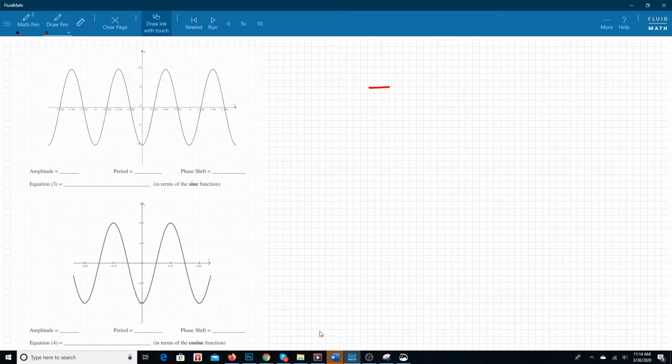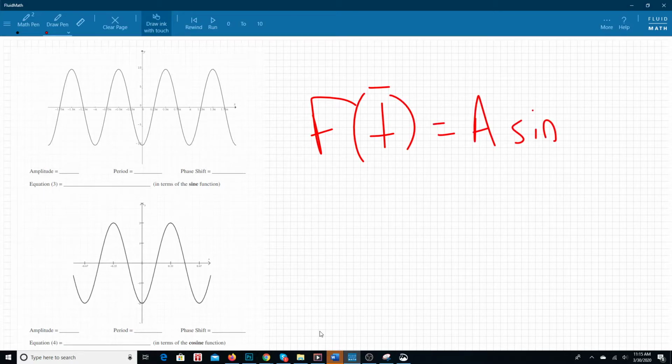All right. F of t equals A sine Bt minus C plus D. So I'll rewrite it again right here.